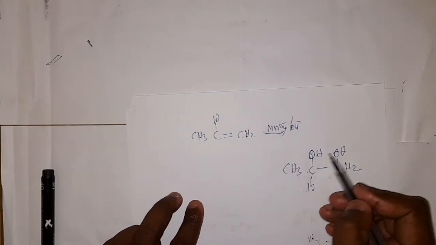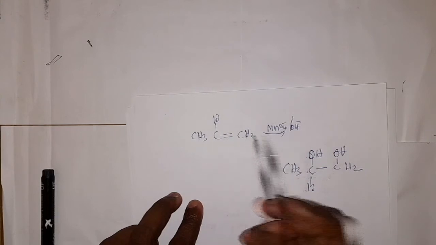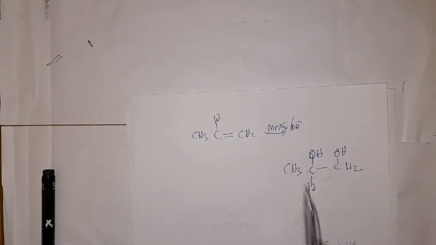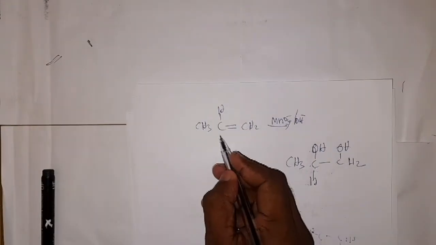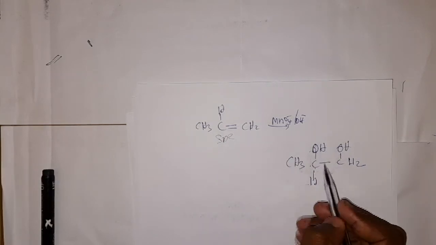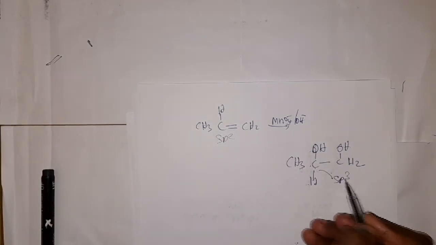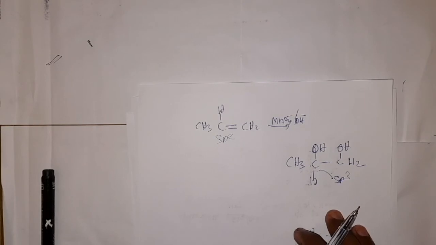So this is the product. Two OH will join with these carbons. After this reaction, the hybridization of this carbon changes from sp2 to sp3.